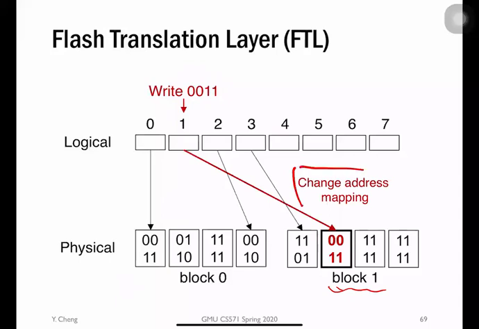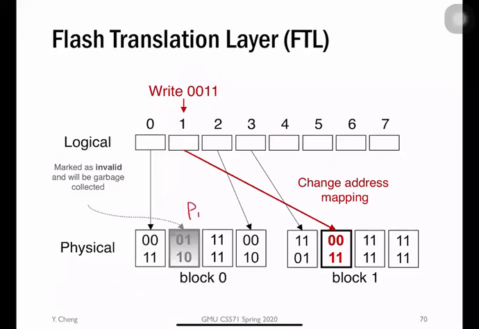Changing the address mapping is the second important step. The third step is to mark physical page number 1 as invalid. This is subject to garbage collection in a later phase.